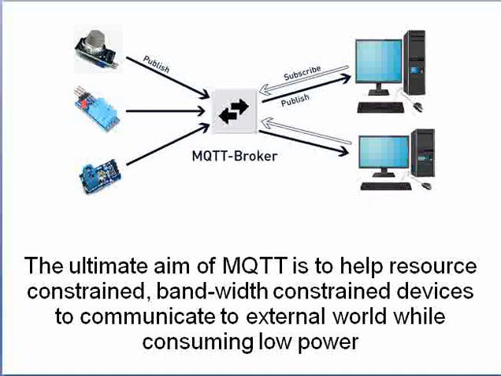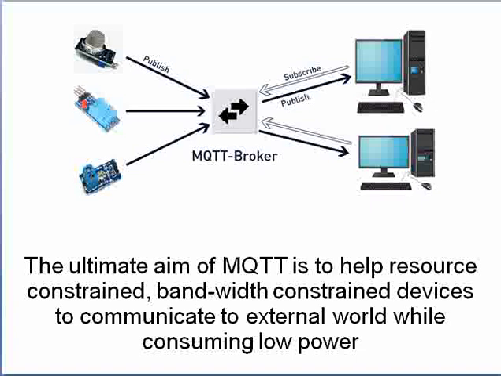For example, we might have a limited bandwidth for communication. So considering all these cases where the resources are constrained and the bandwidth is constrained, when we say resources are constrained, we mean simple devices like the sensor devices.